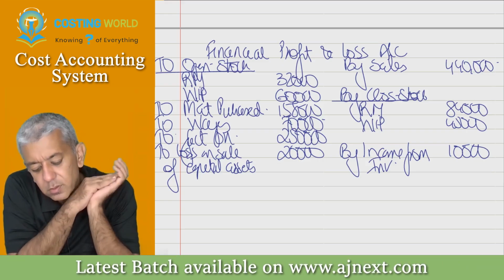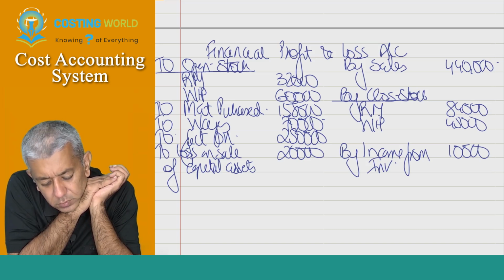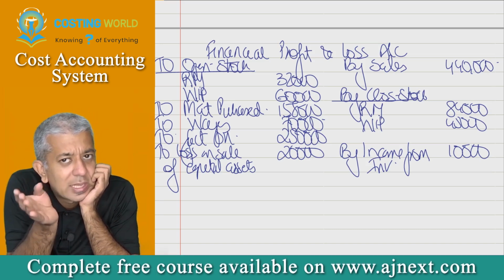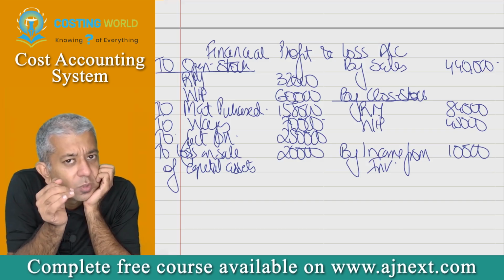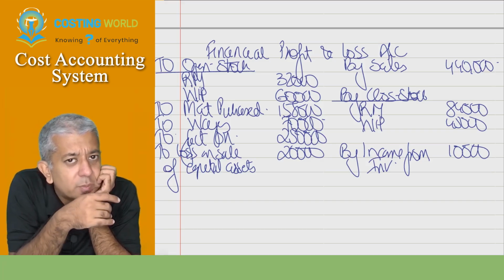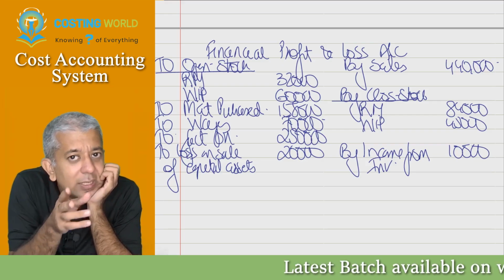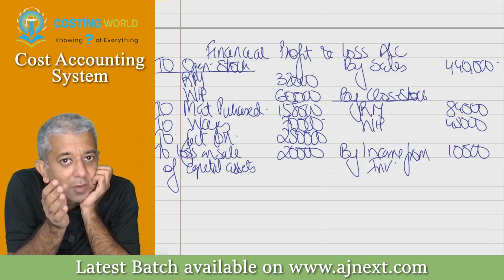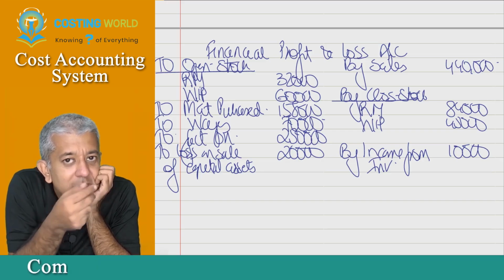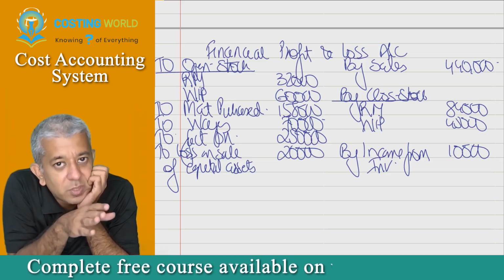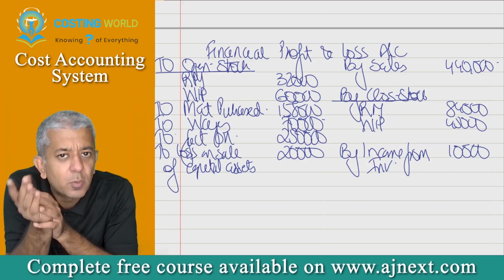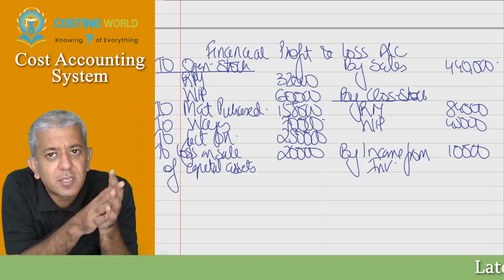So why are we not recording abnormal loss? All those things get transferred from one account and then they go to the costing P&L account. So ultimately it gets cancelled by itself. We do that in cost accounts to arrive at the correct figures. But if you think from the financial accounts angle, all these things are never done. If your stock is less, then automatically the value of closing stock will fall, so it automatically gets reflected.